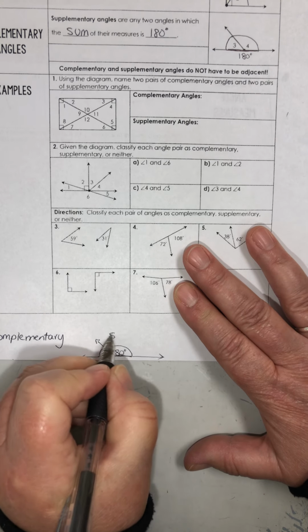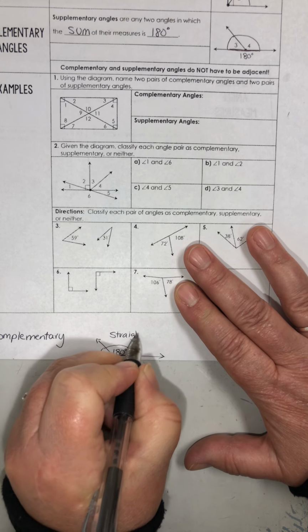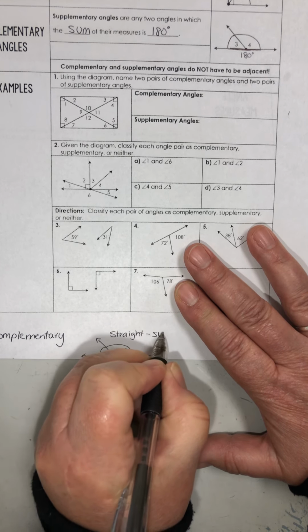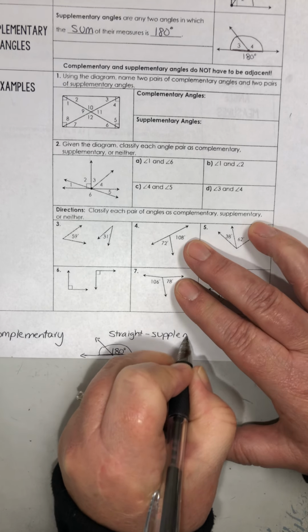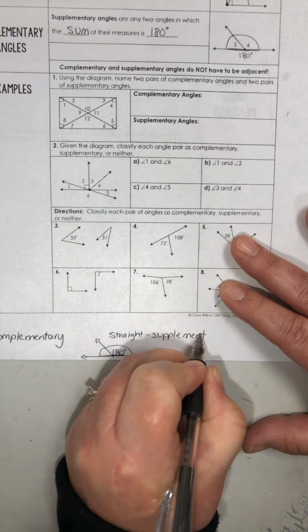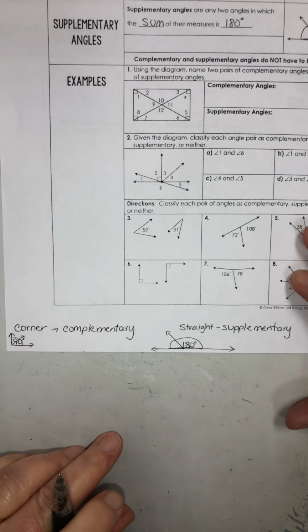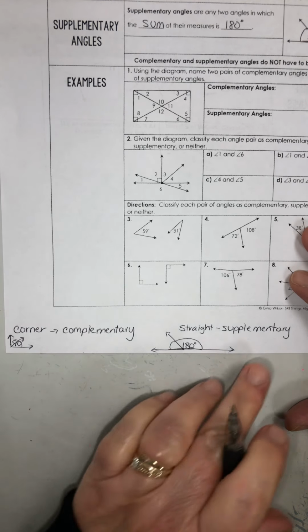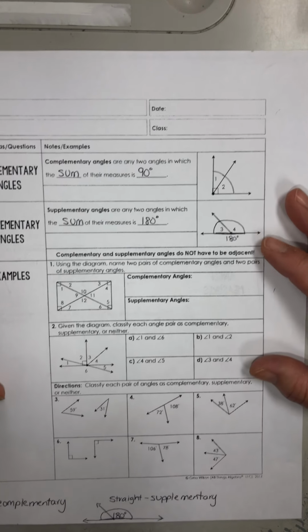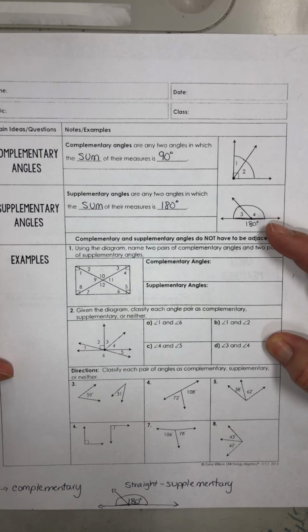And so a straight line is supplementary. Okay, just to kind of help you remember that: corner, complementary; straight edge, supplementary. Okay, so let's go back up here and just work with those two a little bit.